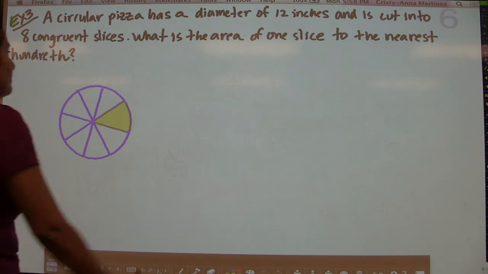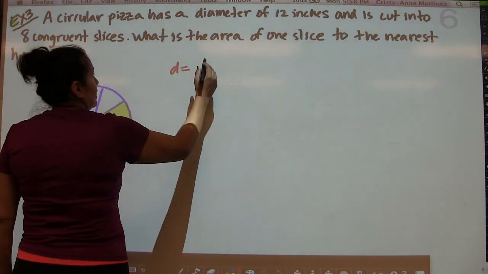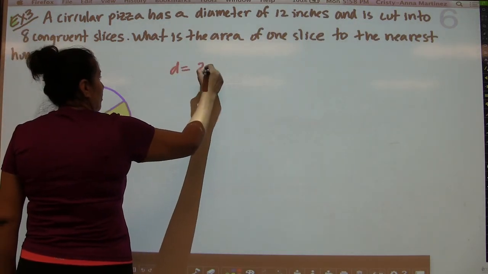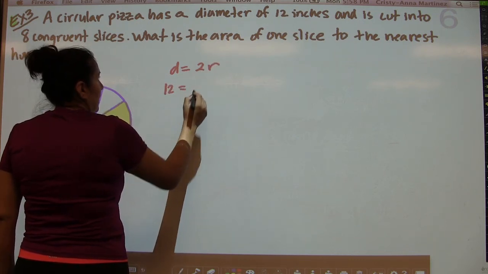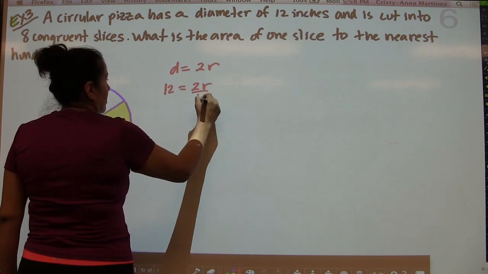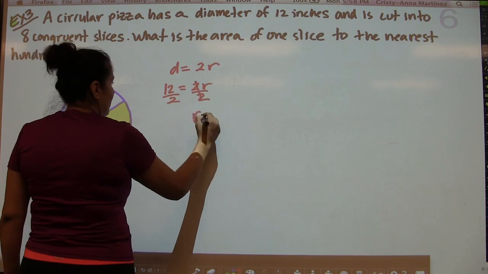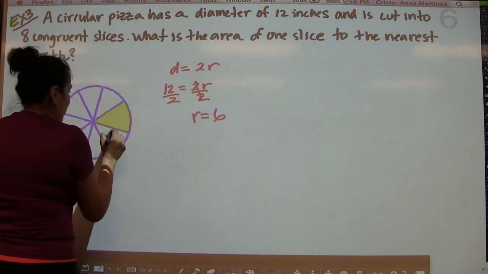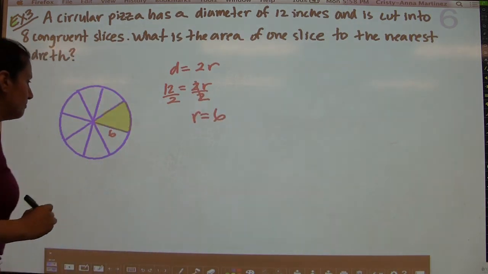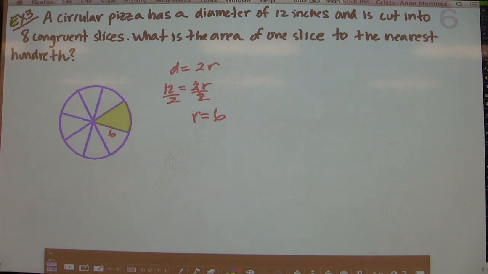We also know that the diameter is 12 inches, and we said earlier that the diameter is 2 radiuses together. So the radius in this case would equal 6. So we have a radius of 6, and we have 8 slices.